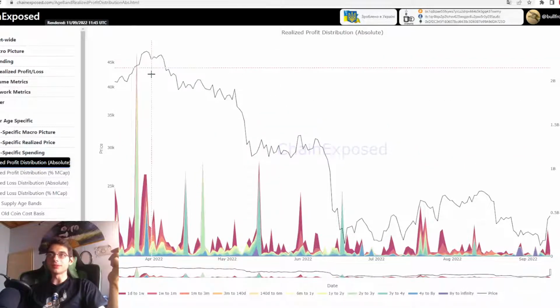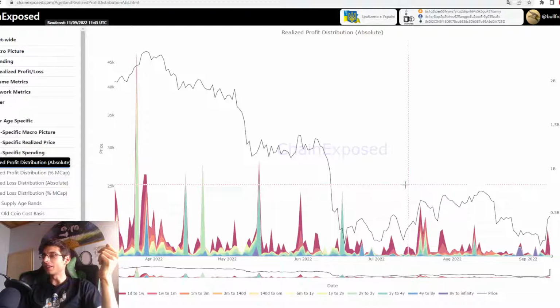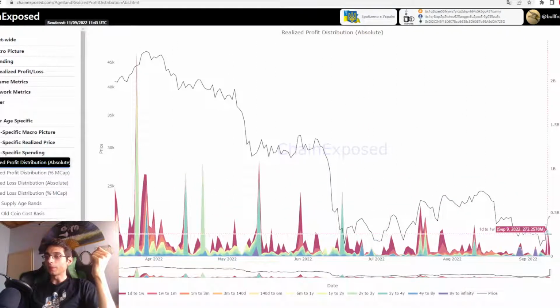They could have done it at the top, but as you see, the majority since the last drawdown was just short-term holders moving the market, and short-term holders are these red and orange colors right here. The colder colors are the long-term holders.